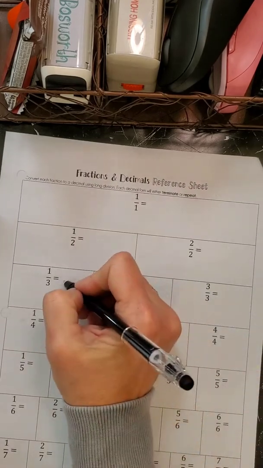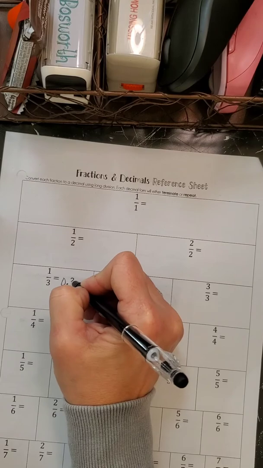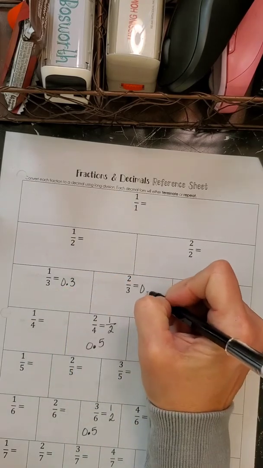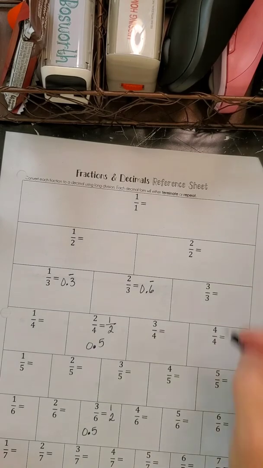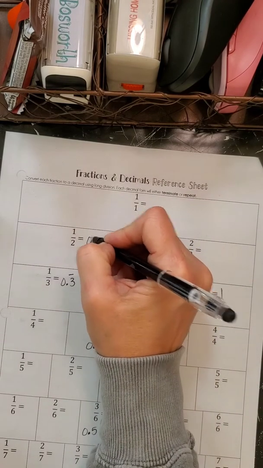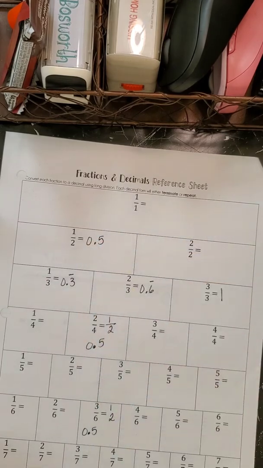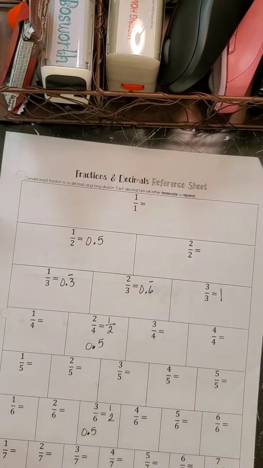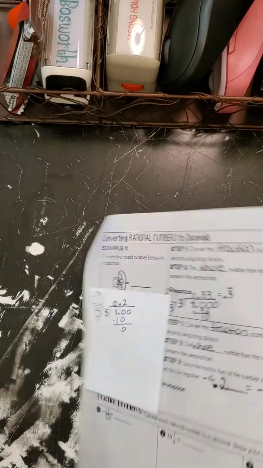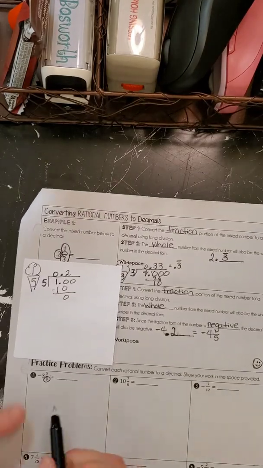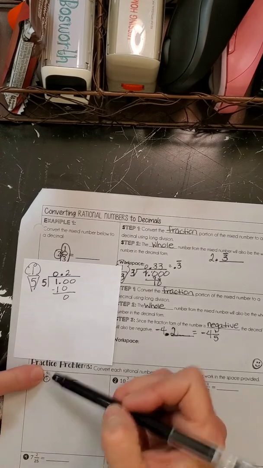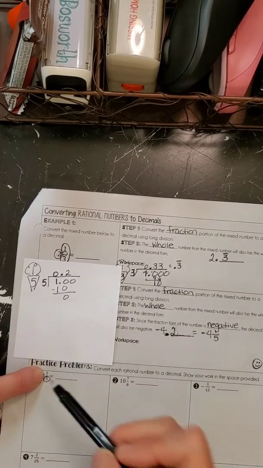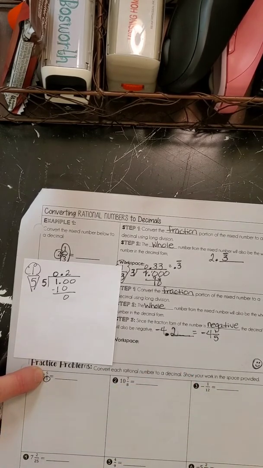We know that 1/3, you should memorize these. 1/3 is 0.3 repeating. 2/3 is 0.6 repeating. 3/3 is 1 whole. 1/2 is 0.5. All right. There are all of those, but with 9s, the decimal for 5/9 is 0.5 repeating.